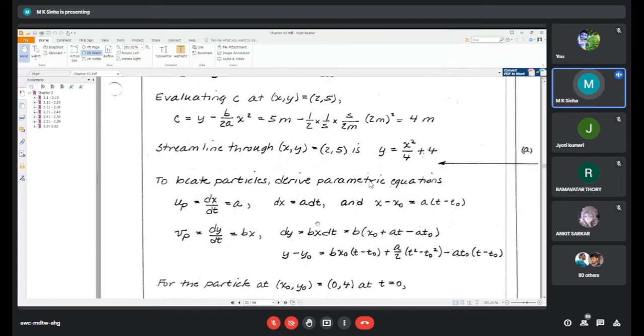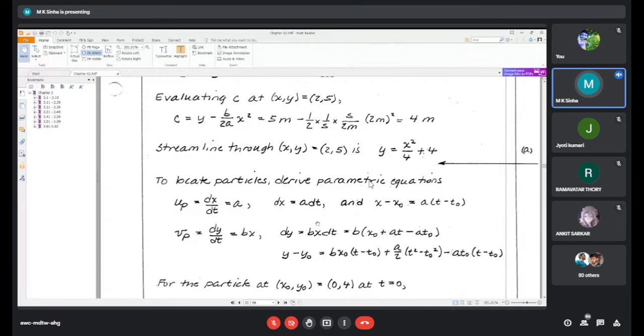Again, that is for the path line. So let us see here, the velocity of the particle along the x-axis is dx by dt. That we already got from the given velocity vector. From here we can find the integration for the initialization of the coordinate and time, x0 and t0.